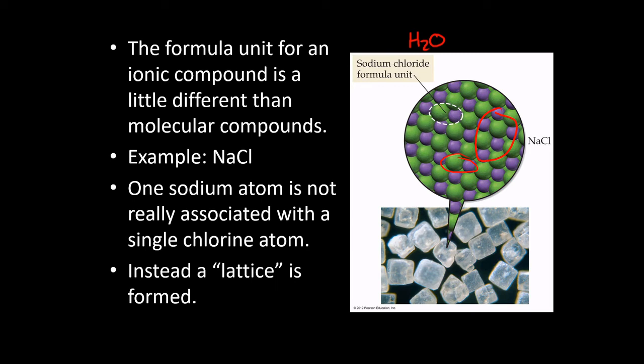Because that is the simplest way to write it, that is the structure. You could make the argument that there's lots and lots of sodiums and lots of chlorines, but at that point there's a nearly infinite number of possible structures that you could write down. So we just take the simplest one, the smallest unit that describes the whole lattice.